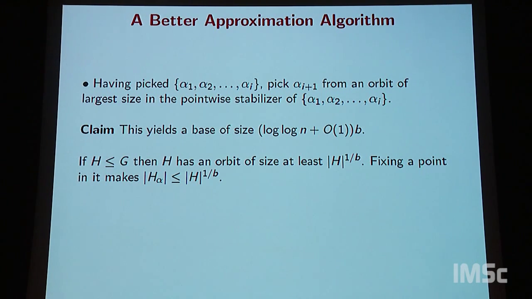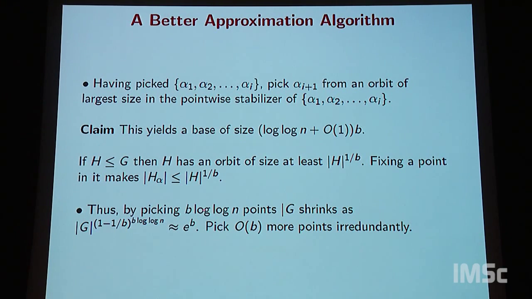So since H has an orbit of this size, I can take any one point of that orbit, and if I fix it, I will shrink my subgroup to cardinality H to the power 1 minus 1 by B. Sorry, because the orbit is of size cardinality H to the 1 by B, this will shrink to 1 minus 1 by B. That's an error there.